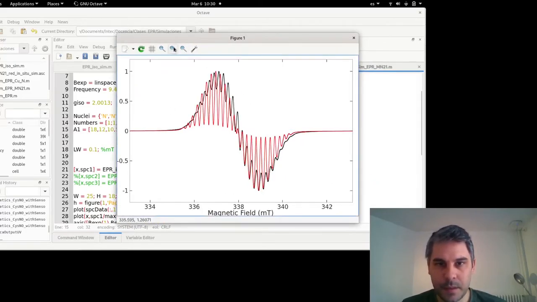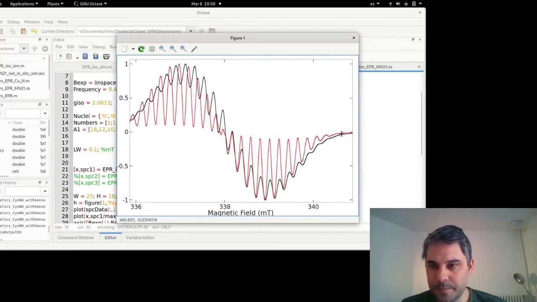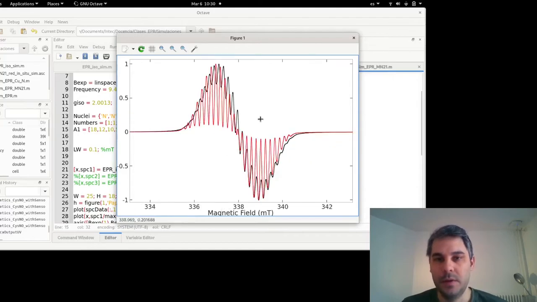If you see here, most of the simulated peaks are almost coming at the same position as the experimental peaks. But still, why do my peaks look sharper than the experimental ones? That's mostly because of line width. It could also come from a lack of unresolved features.